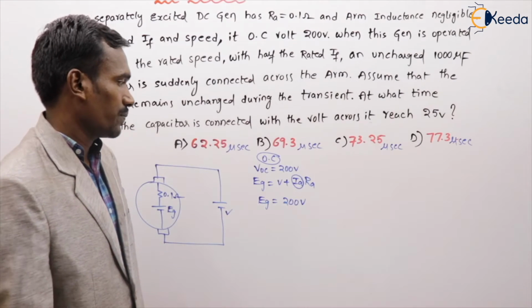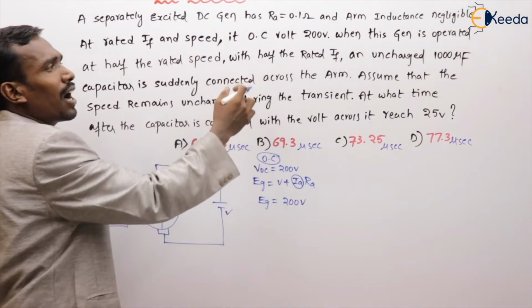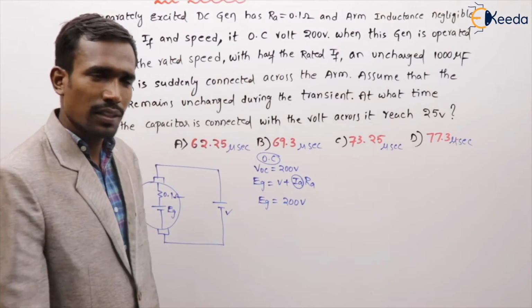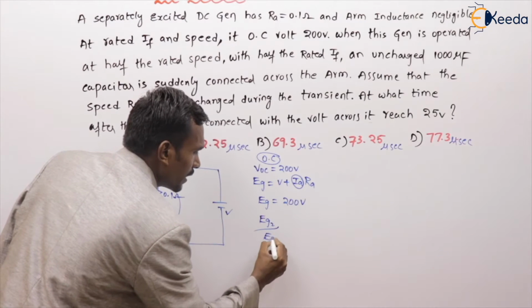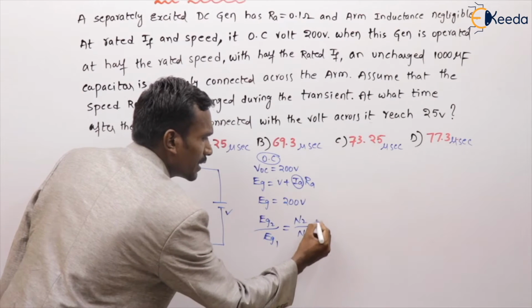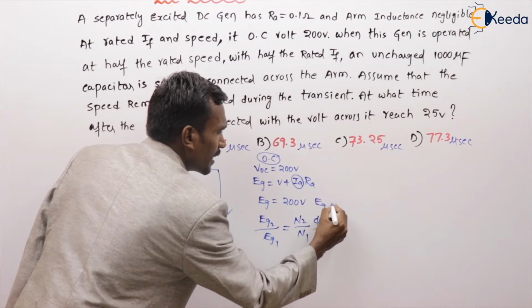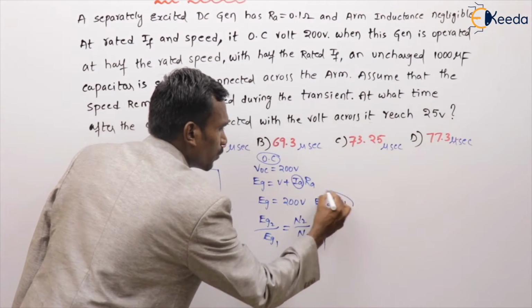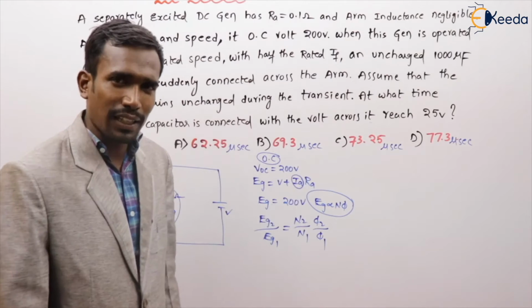Right. Now what did they say? Half of rated speed, half of rated field current. Generally, Eg2 by Eg1 is equal to N2 by N1 into phi2 by phi1, because Eg is directly proportional to N into phi.